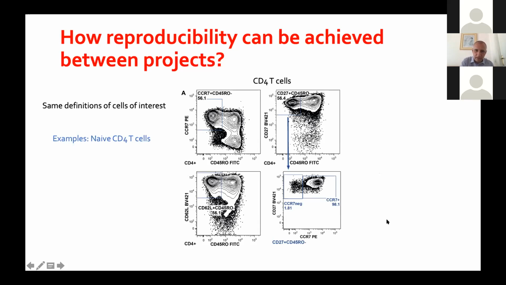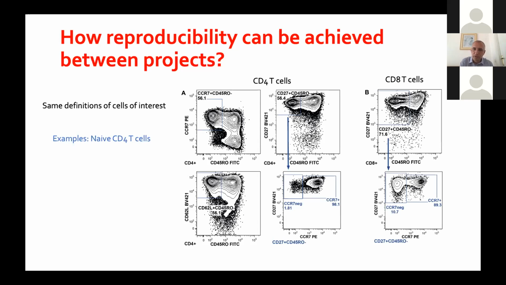Also be defined with CD27 and CCR7 in some instances. However, you can see that in the 3 pictures, you get exactly the same number. So for the healthy individual, those 3 definitions are the same, and we can benchmark it this way.